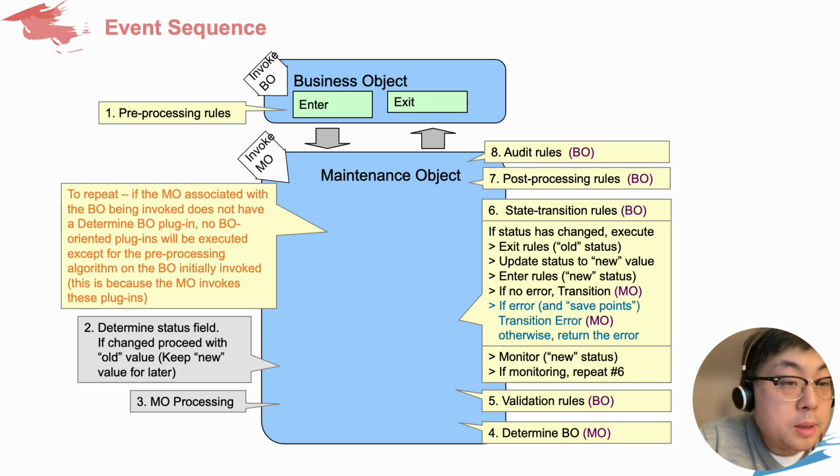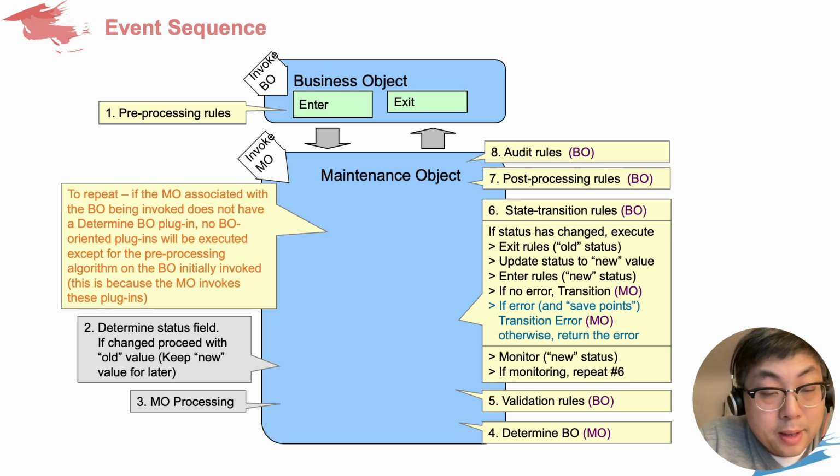And number three is just the MO processing based on the rules over there. And number four is determine BO. On most of the maintenance objects, you will see there is an algorithm defined called determine BO. Basically what it does is it takes the MO and the ID of this object and decides what BO it is, because the same MO could have multiple BOs.